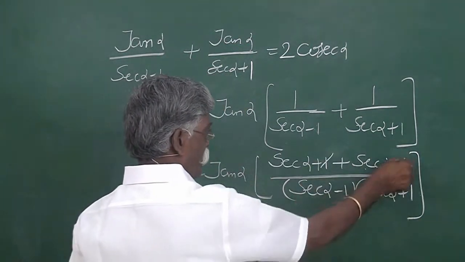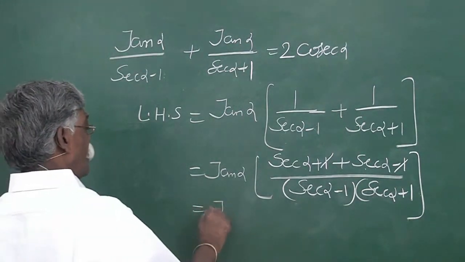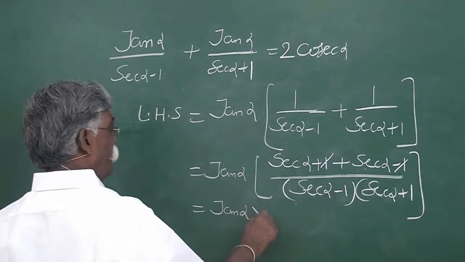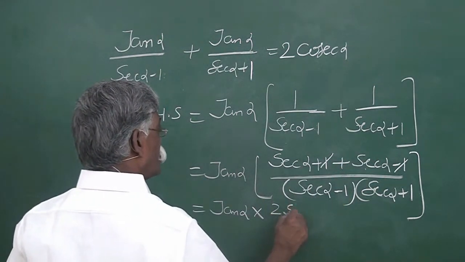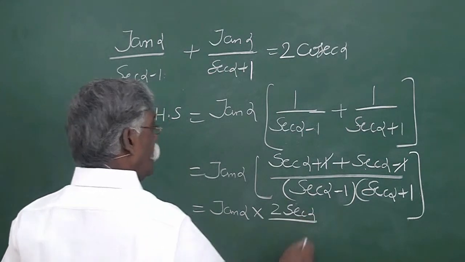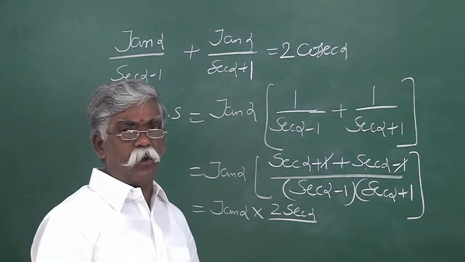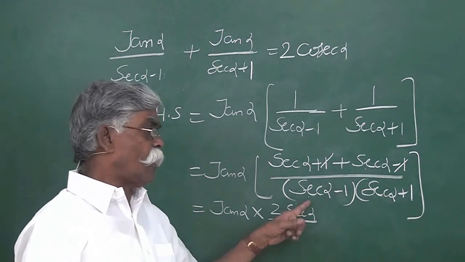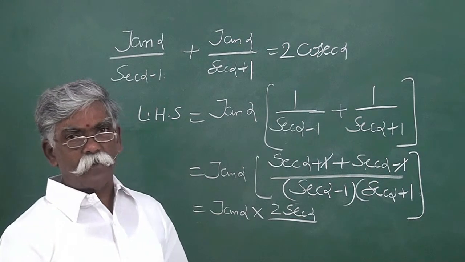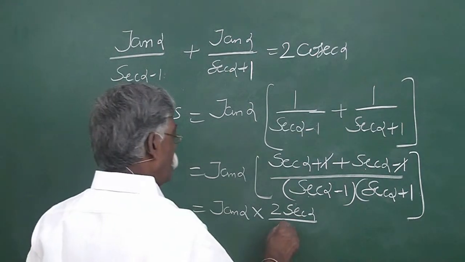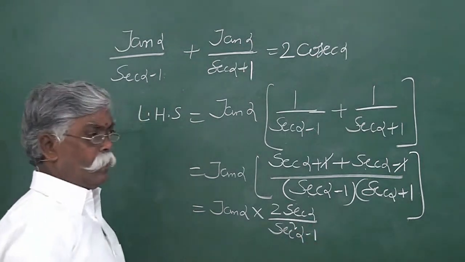So, 1 and 1 get cancelled, and this tan alpha is here itself, and secant alpha plus secant alpha is 2 secant alpha, and secant alpha minus 1 into secant alpha plus 1 is in the form a minus b into a plus b. It is a square minus b square. Therefore, this is secant square alpha minus 1.